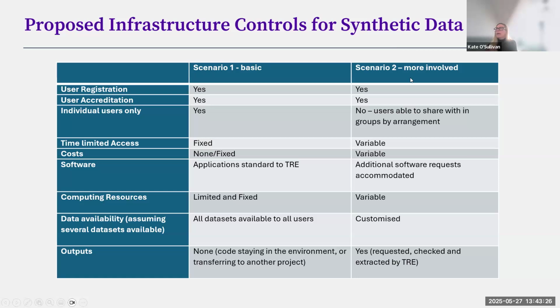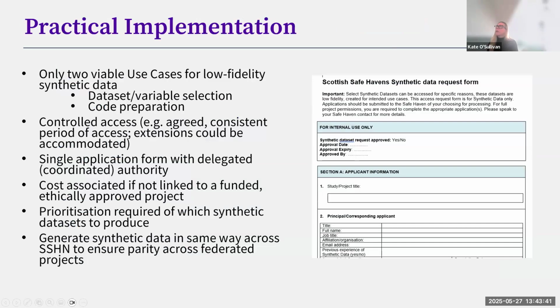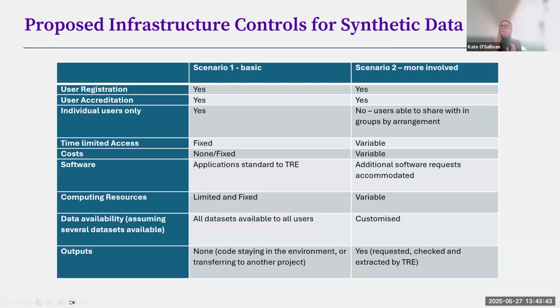And where we would actually undertake a more involved approach to synthetic data access, we would also need to do user registration and user accreditation through governance training. Could we share with individual users or also groups?